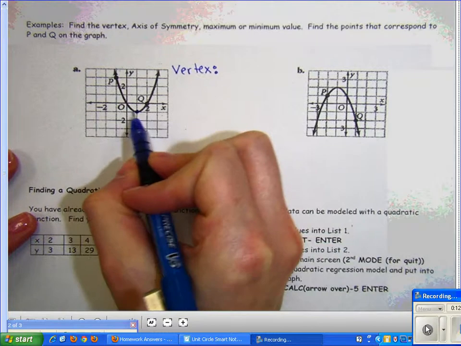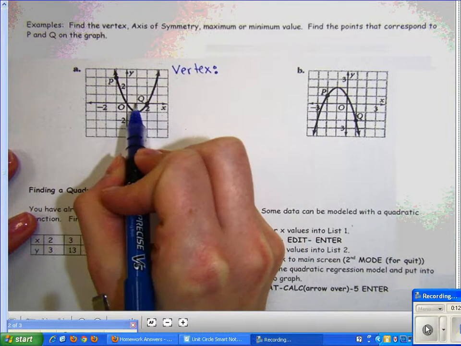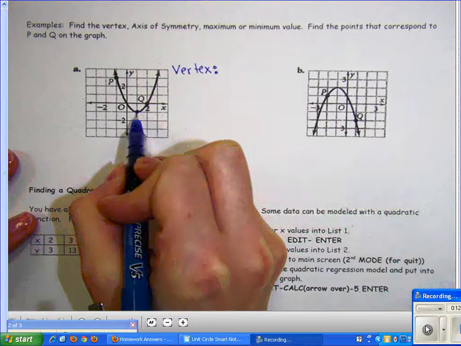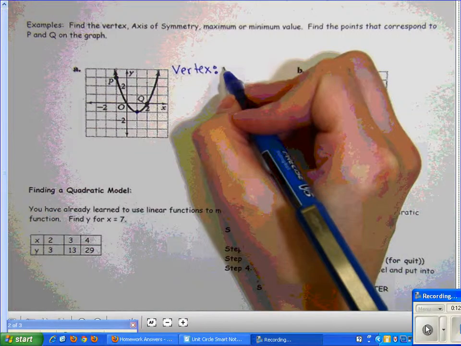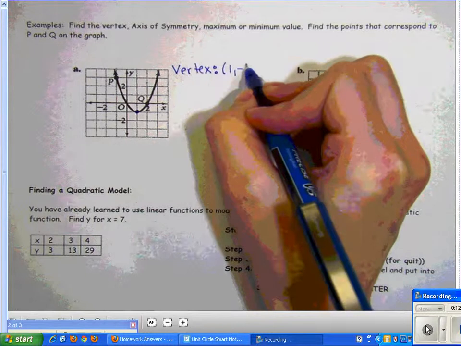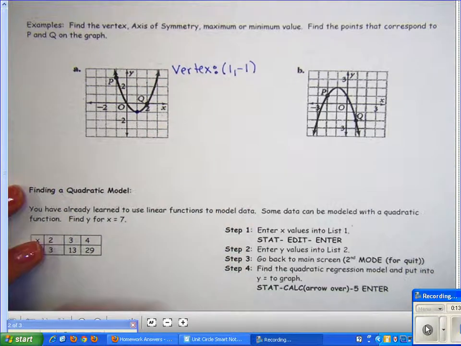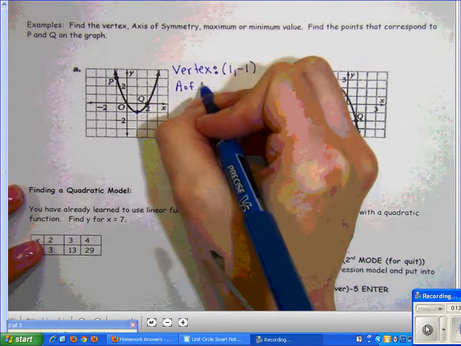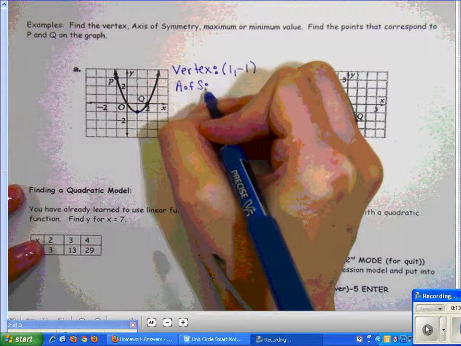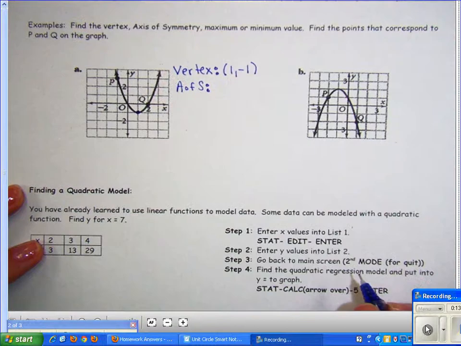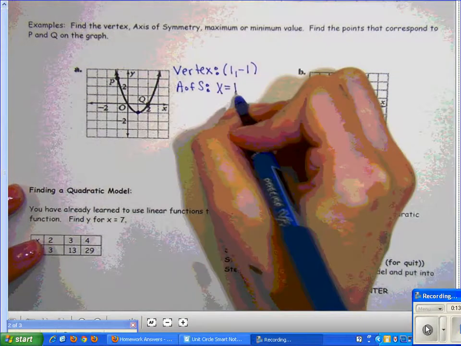My vertex is right here, so I went over 1 and down 1. So my vertex is at negative 1, positive 1, negative 1. Now that I have my vertex, I can figure out my axis of symmetry. So the axis of symmetry is always the x-coordinate of your vertex, which is 1, so I have to write x equals 1.